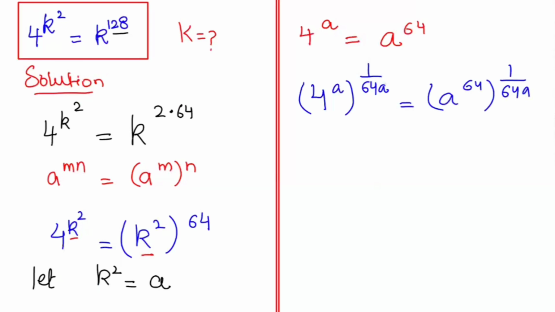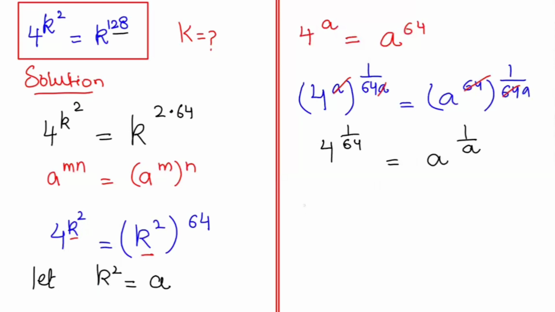So here this and this get cancelled, and here this and this get cancelled. The expression we get is 4^(1/64) = a^(1/a).